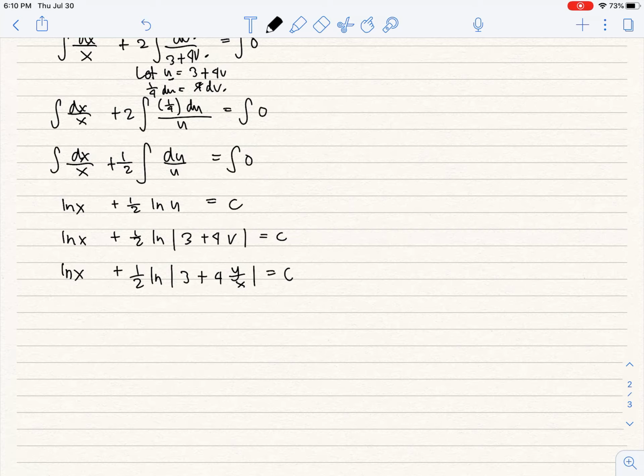Okay, so mao na ni ang answer. And then this solution is an implicit one because we are not isolating the value of y, or the value of the dependent variable. So in this case, y.